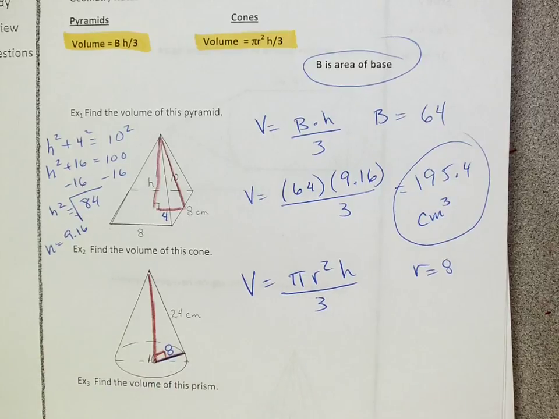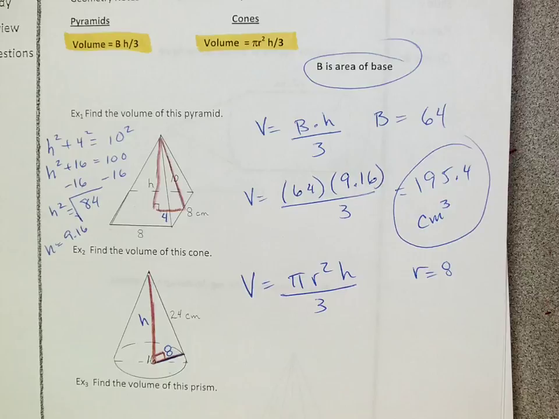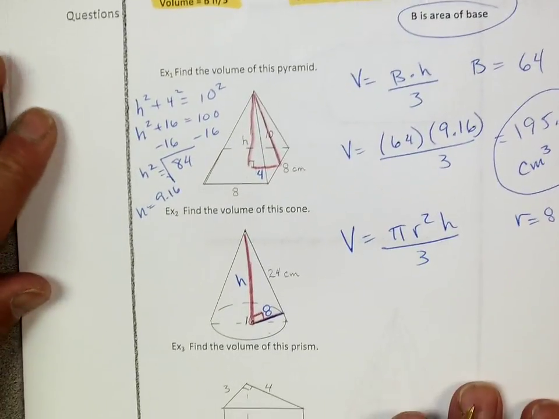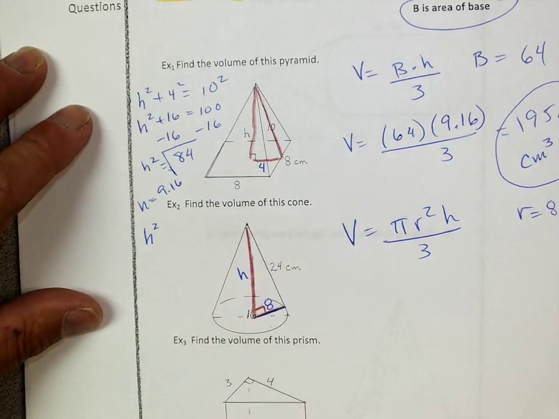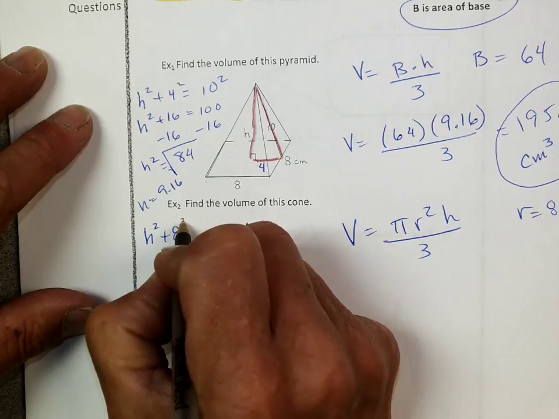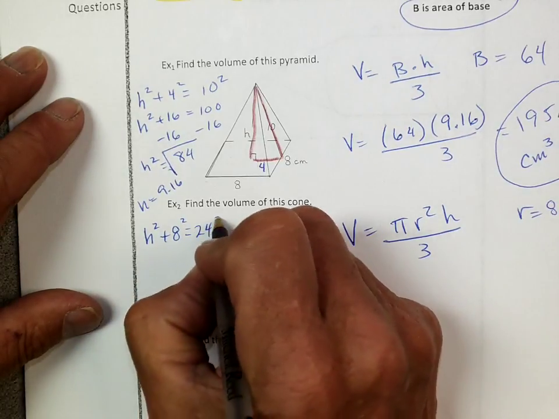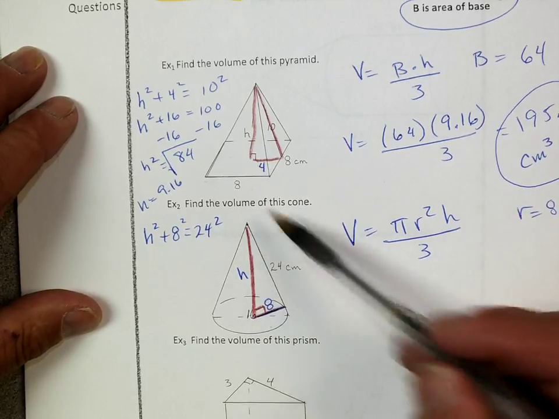So I've got to do a little Pythagorean Theorem on the side to find the height. There's my h. So a little bit of side work to find that. I'm going to go: h squared plus 8 squared equals 24 squared. There's a right triangle there.